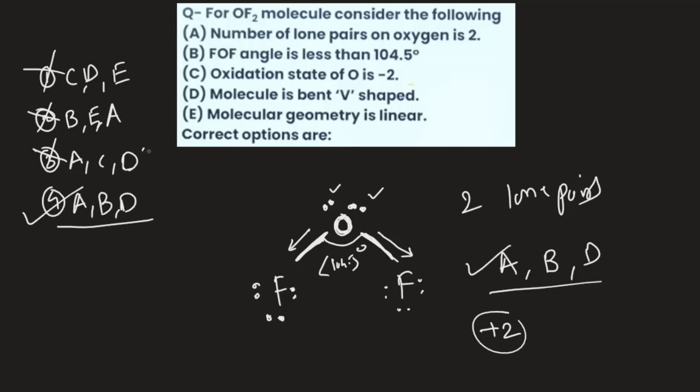So options 1 and 2 will be cancelled out anyway. So you have to select between these two, ACD and ABD. And from this, you also know that option C is incorrect. Oxidation state is very simple to find out using the electronegativity rule. And so the only option that remains is the fourth option.